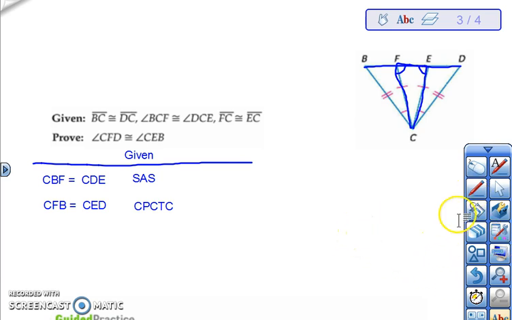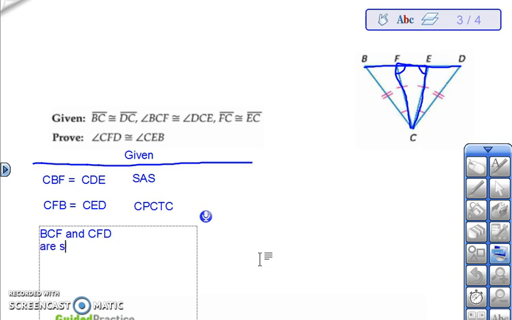All right, so the next thing we want to say. We know that angles BFC and CFD are supplementary. We also know that angles DEC and CEB are supplementary.